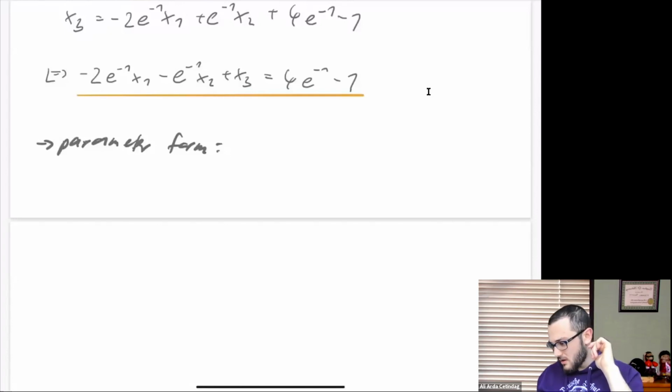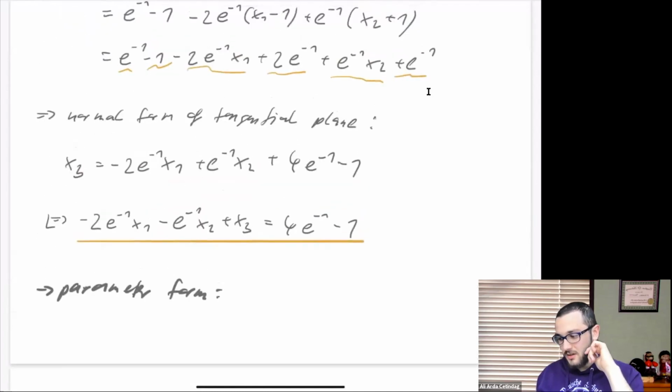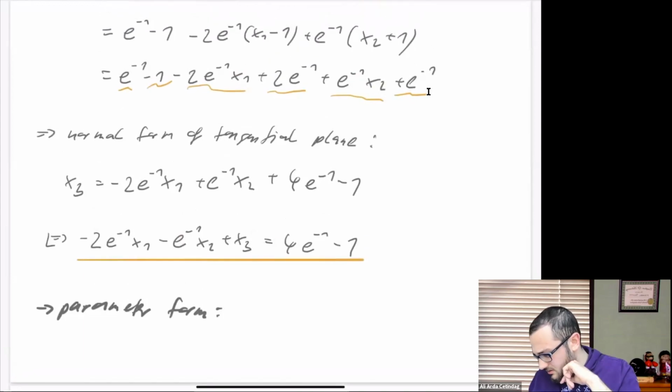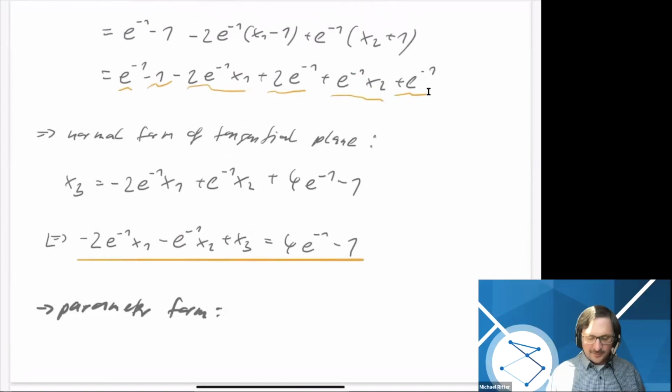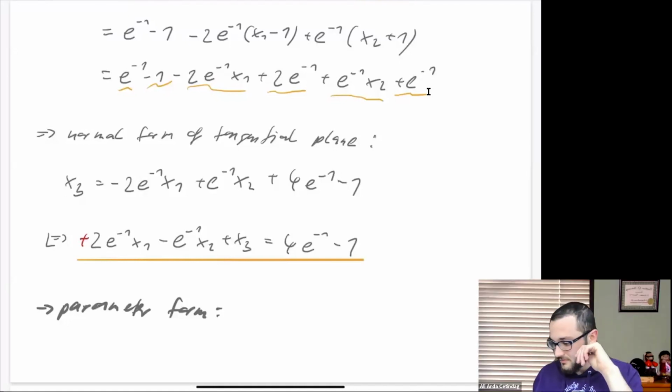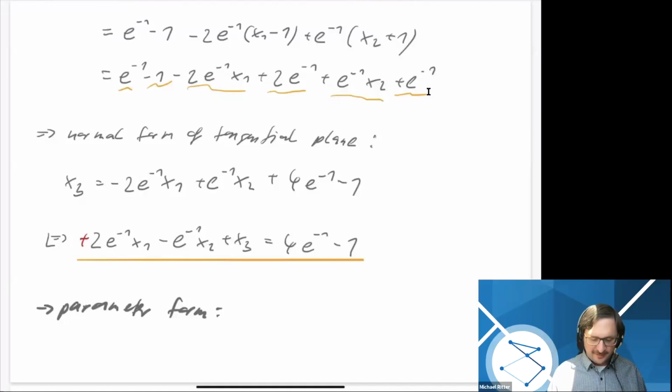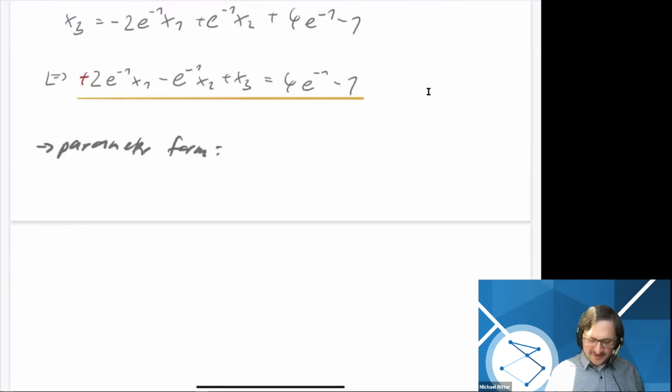They're saying at the end, it should be plus 2e^(-1) x1. Yes, you're right. You mean this one here, right? That should be a plus. Thanks a lot. Right, that would have messed up my results. Good.